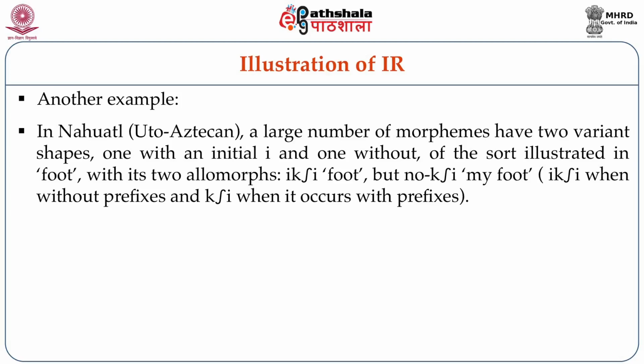A large number of morphemes have two variant shapes, one with an initial e and one without, of the sort illustrated in foot, with its two allomorphs, ikji, foot, but nokji, my foot, prefixes, and kji when it occurs with a prefix.